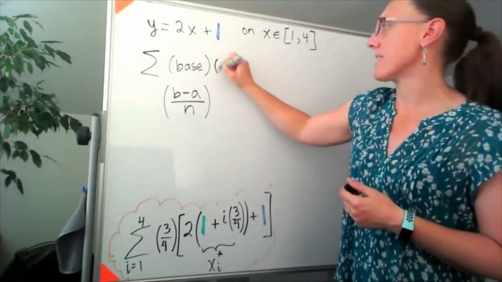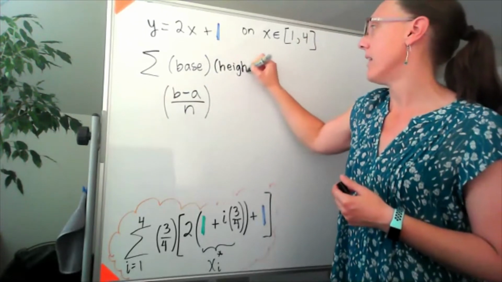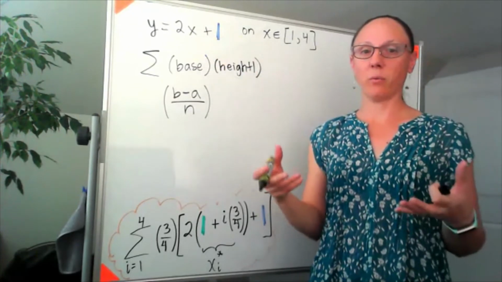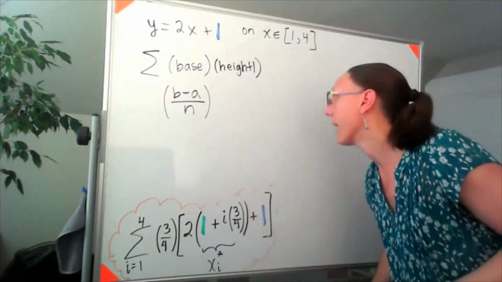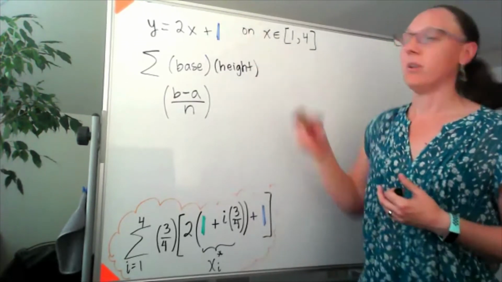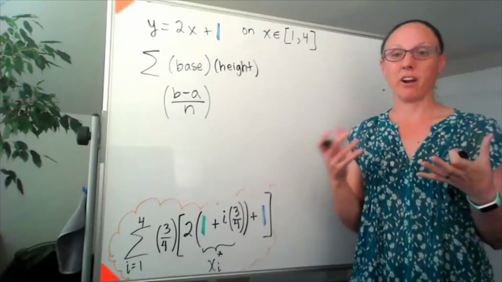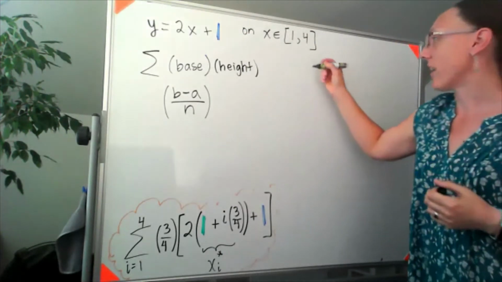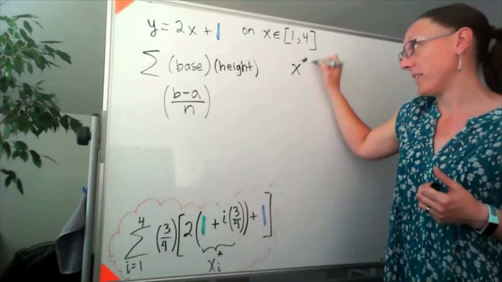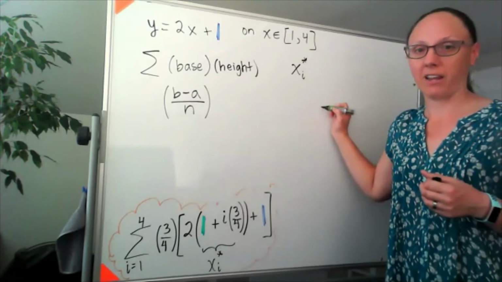And then the other piece here is coming from the height. And to get the height, we need to know what's our generic x value. So that generic x value, the textbook writes as x with a star and a subscript of i.